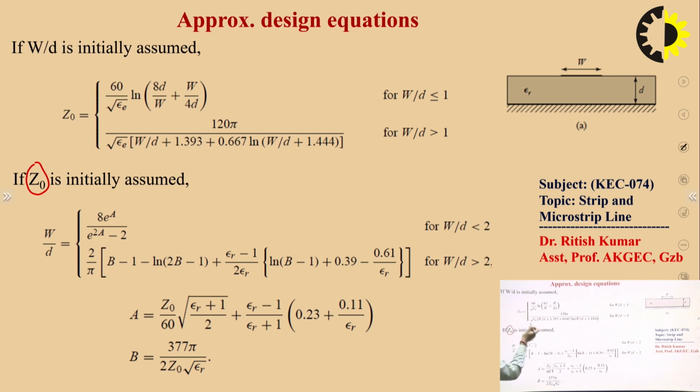For w by d less than or equal to 2 you need to apply this formula, and for w by d greater than 2 you need to apply this formula. For these two cases we have two different formulas. Here we have the constants a and b. This is the a formula, this is the b formula. These formulas you need to remember to design a microstrip line.